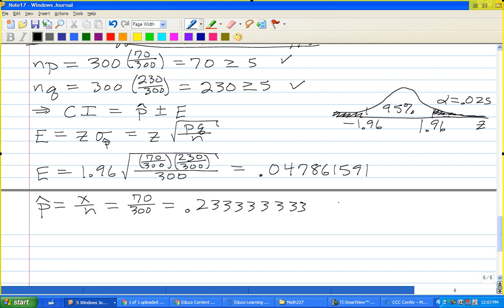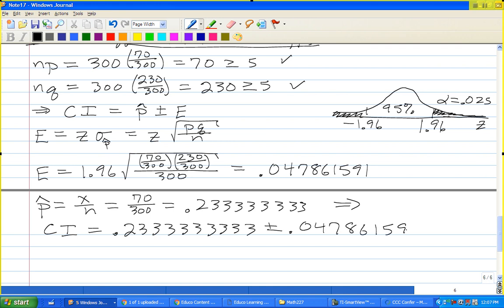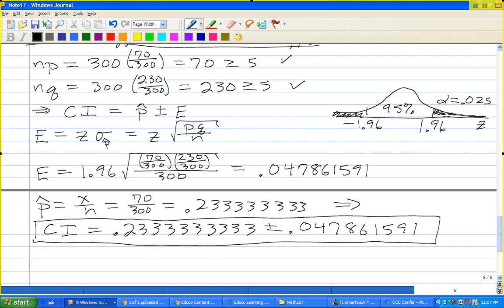Therefore, my confidence interval is the best point estimate for my population proportion, the sample proportion, 0.2 with a whole bunch of threes, plus or minus my error, which is 0.047861591. And that is my 95% confidence interval for estimating the true population proportion.